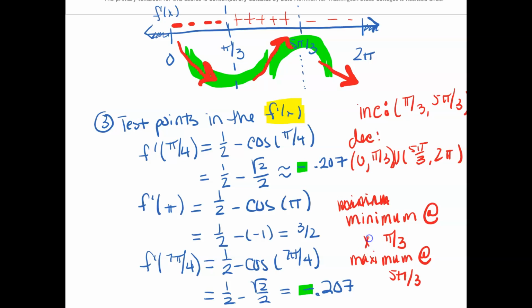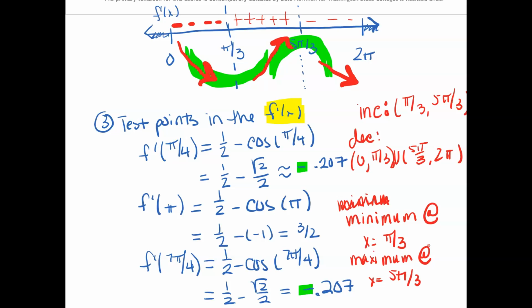Now those are just my x values of where they occur. If I want to find the ordered pair that goes with that, I just need to take these values and, because I'm looking for placement, plug them into the original function, and from that original function, I'll be able to tell what the y value is that goes with that.